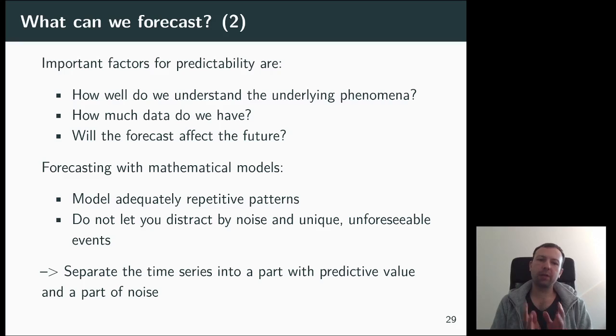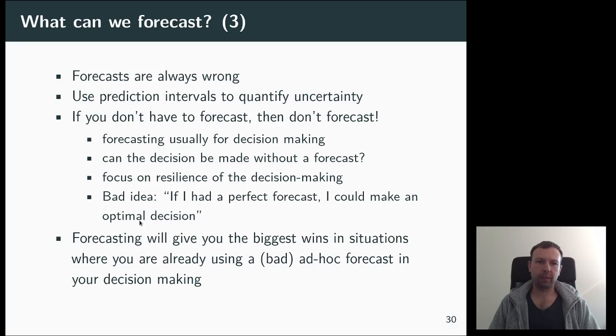So what forecasting for us is really about is to separate the time series into a part with predictive value and a part of noise.